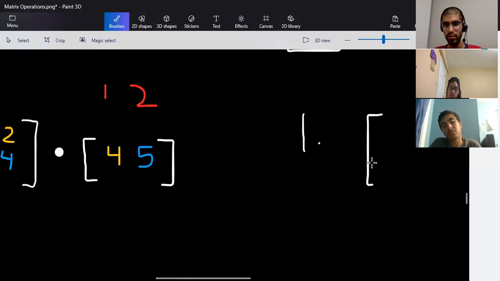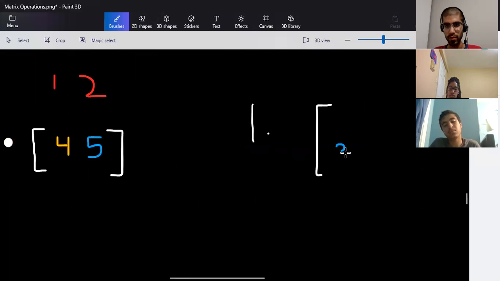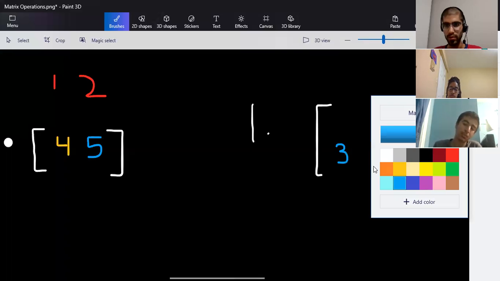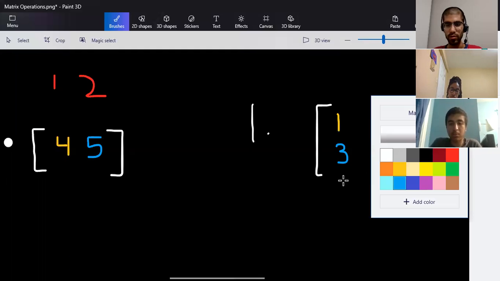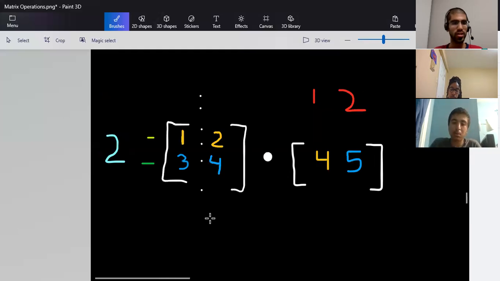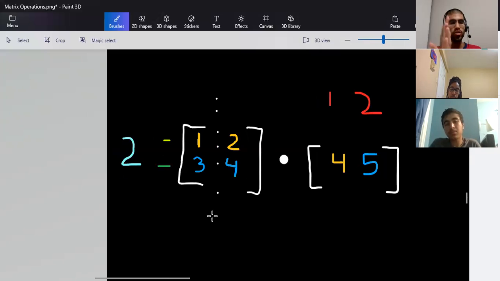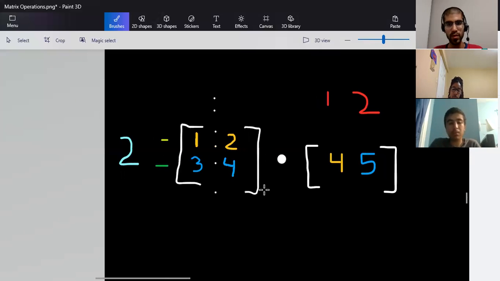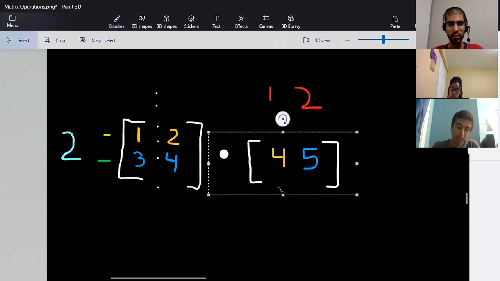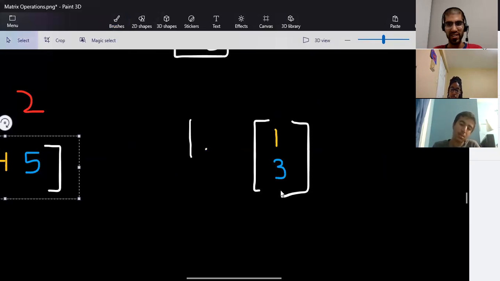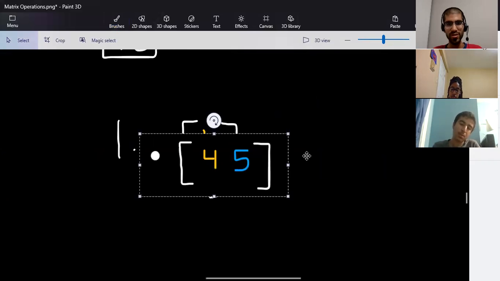Orange first, then blue. 1 and 3. So that's my first vector. Notice I just got the vector by slicing up the matrix into individual components. And then I'm going to multiply it by the rest of this. Hey, now we know what to do. We know what to do now.